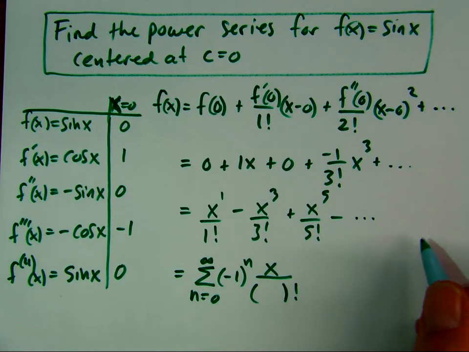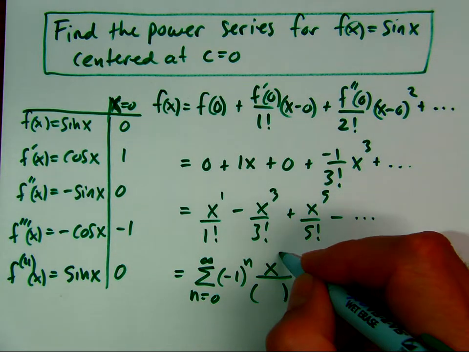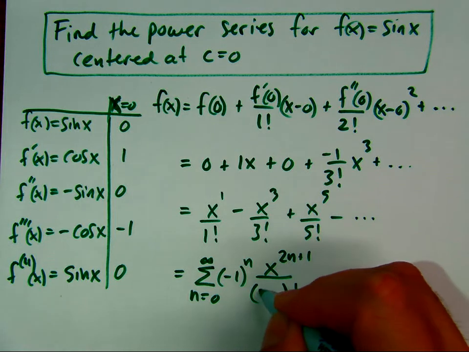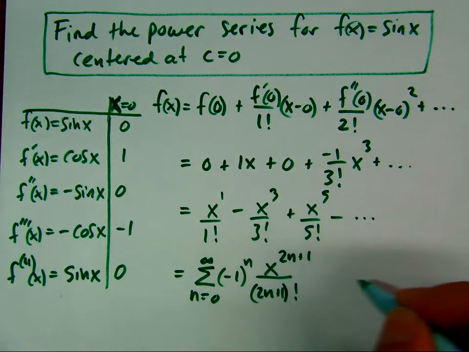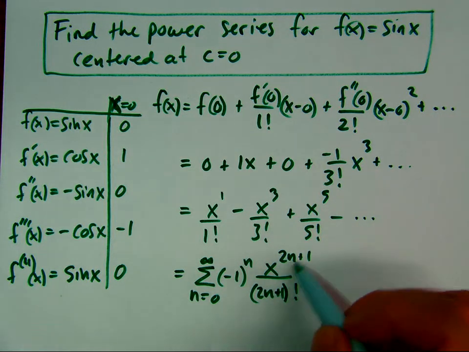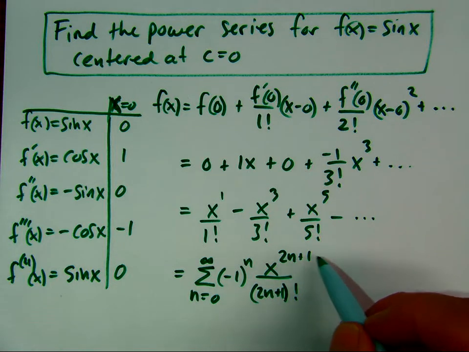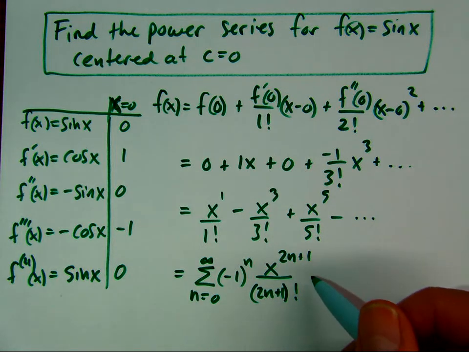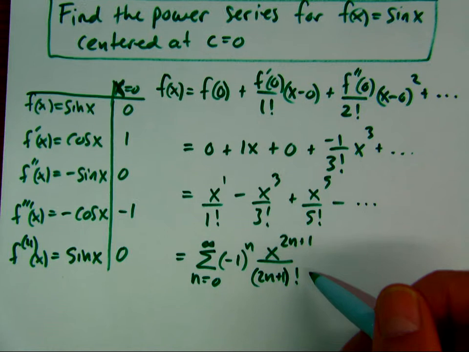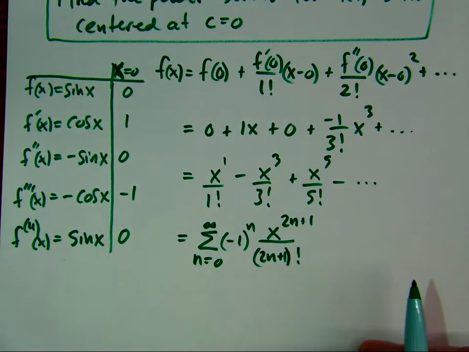And we can create odd numbers with 2n plus 1. Put a 0 there and we get 1. If we put a 1 there, we get 3. So it's 1, 3, 5. So we write that as the series.